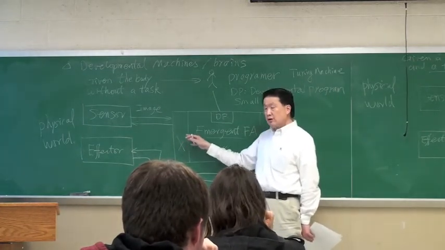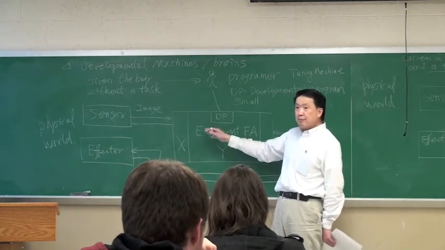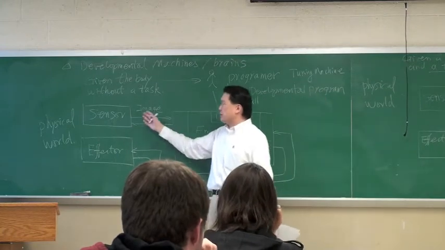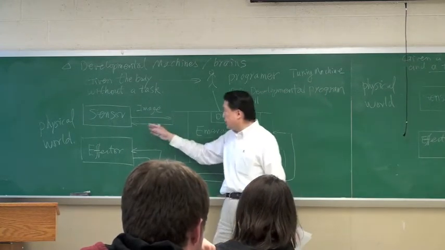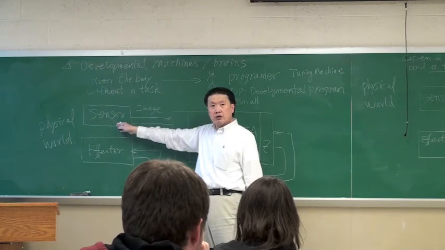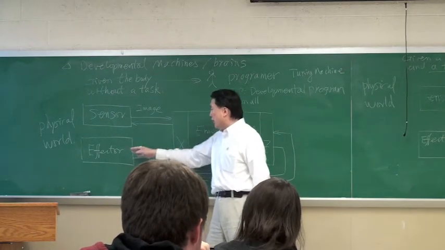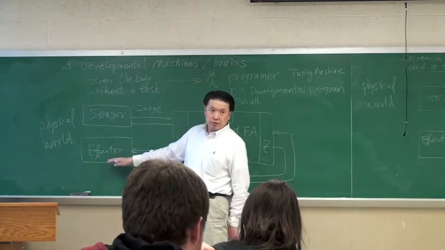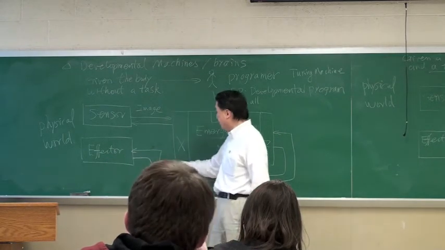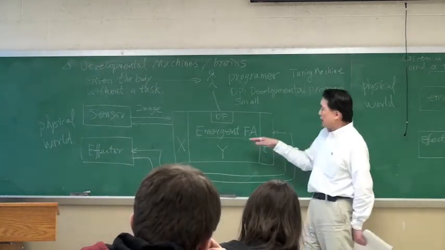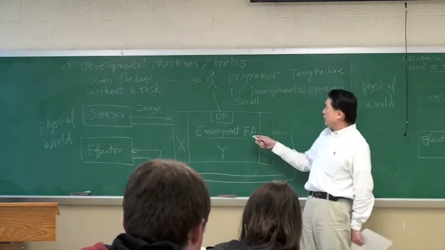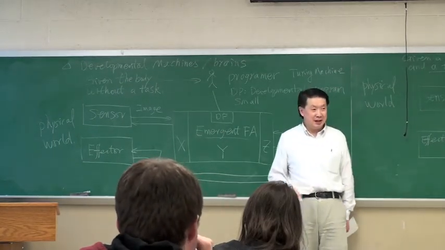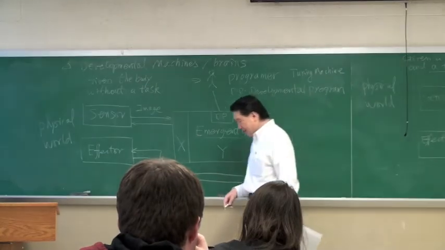Then if you're considering this a brain, that brain is able to take images directly and predict images automatically, and it's also able to generate signals to drive your effectors. And also it takes input from the effectors. Now, this one is already said FA. And people say, hey, FA, so what?